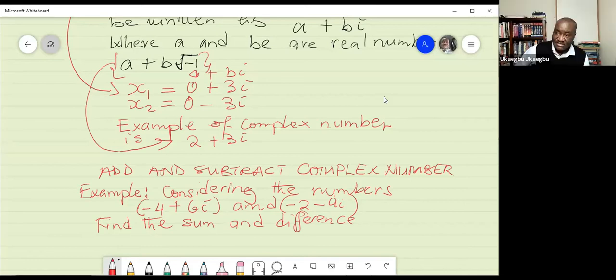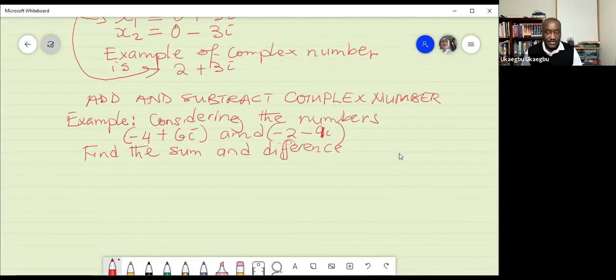It's 9, yes. So now to sum it, here's what to do. Many of you know this already, but let me repeat it, because we need to move on. To perform the sum, always start with your solution.